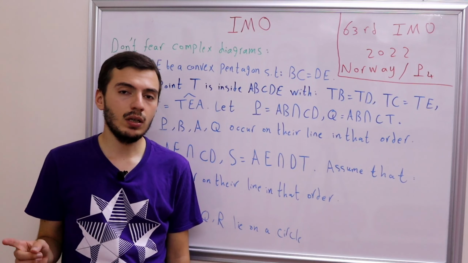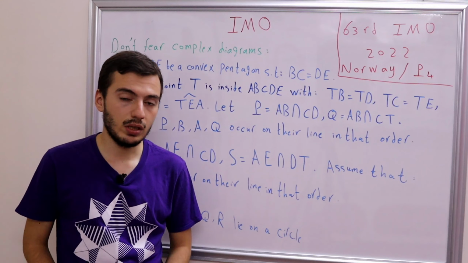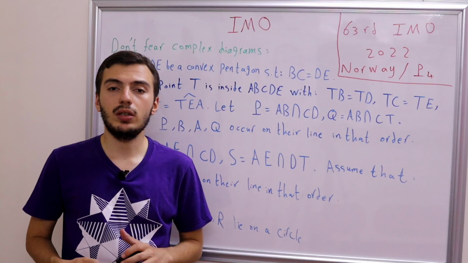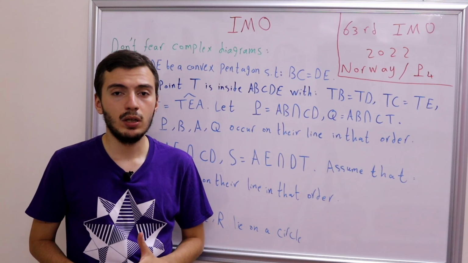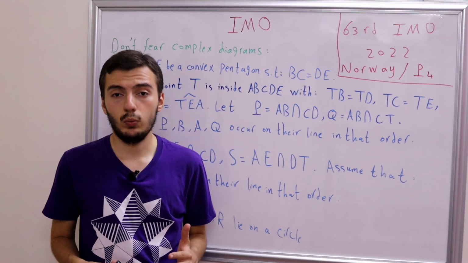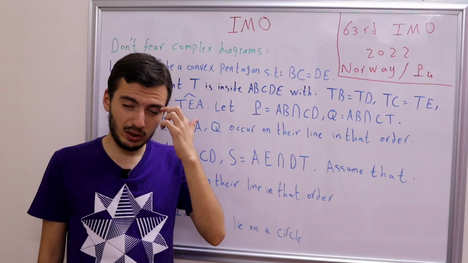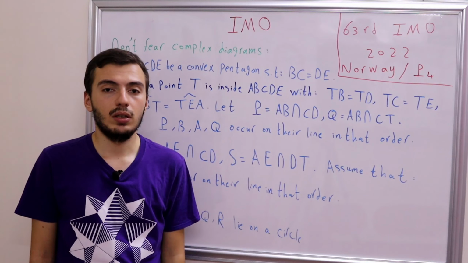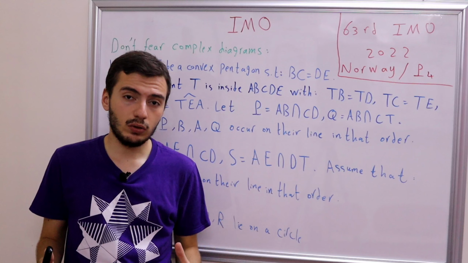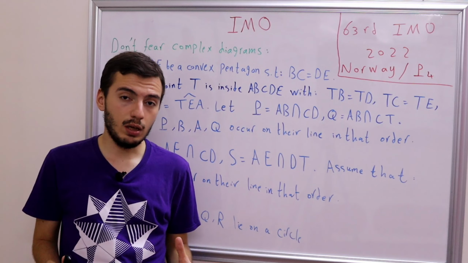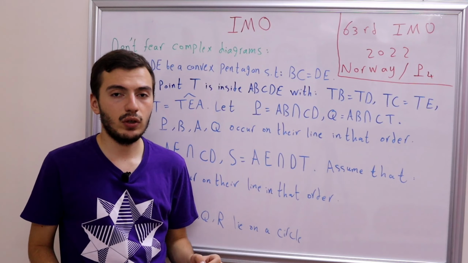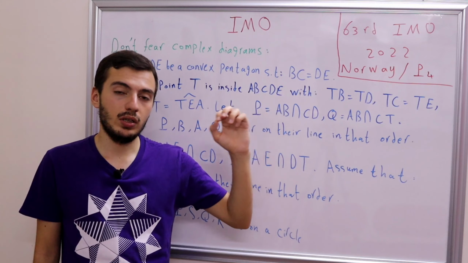However, one idea that I always suggest is not to immediately start by drawing a big diagram. Drawing a diagram will take lots of your time, and you don't want to waste too much time and then discover, for example, that a point is outside the paper.